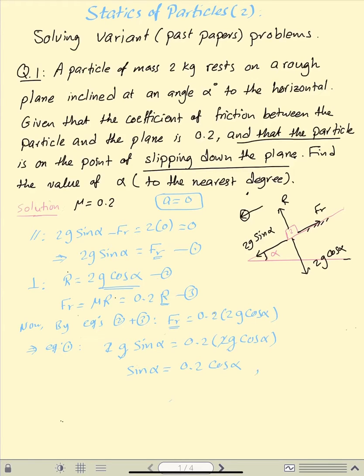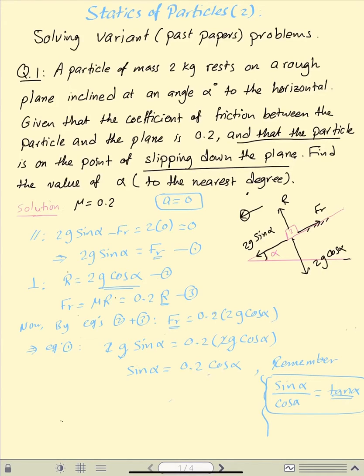Remember this common idea in M1 problems: sine alpha over cosine alpha equals tan alpha. Tan equals sine over cosine. We call this idea in this question the tan idea.